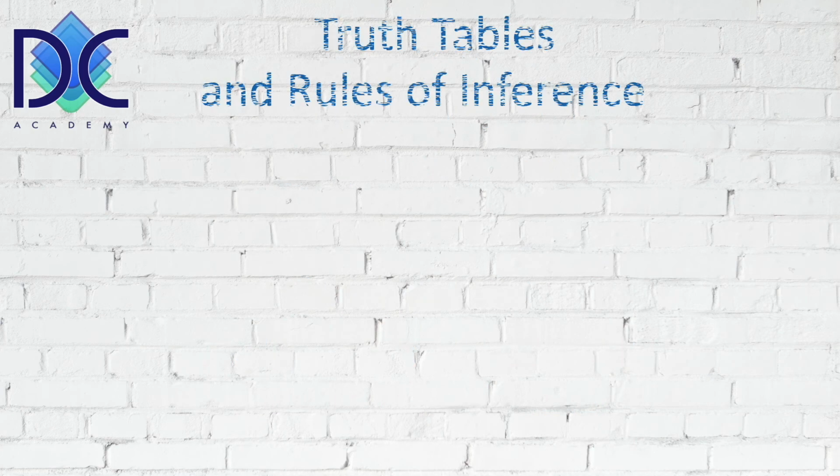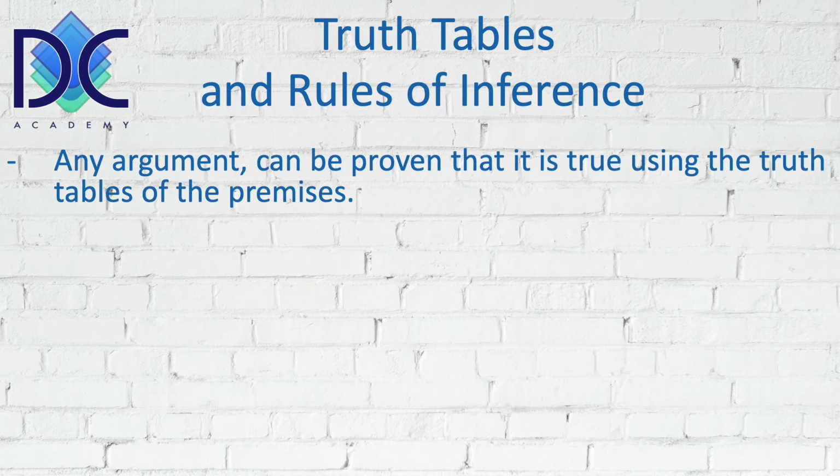First of all, let's look at the truth tables and the rules of inference. I already said before that when we want to show that a statement is true, we can of course always use truth tables. Truth tables are quite interesting, and we can use them in certain cases.